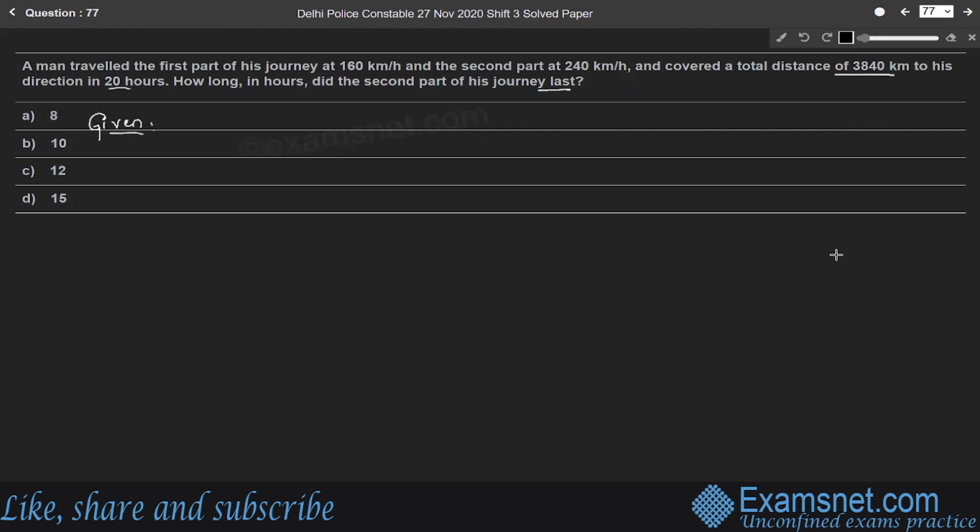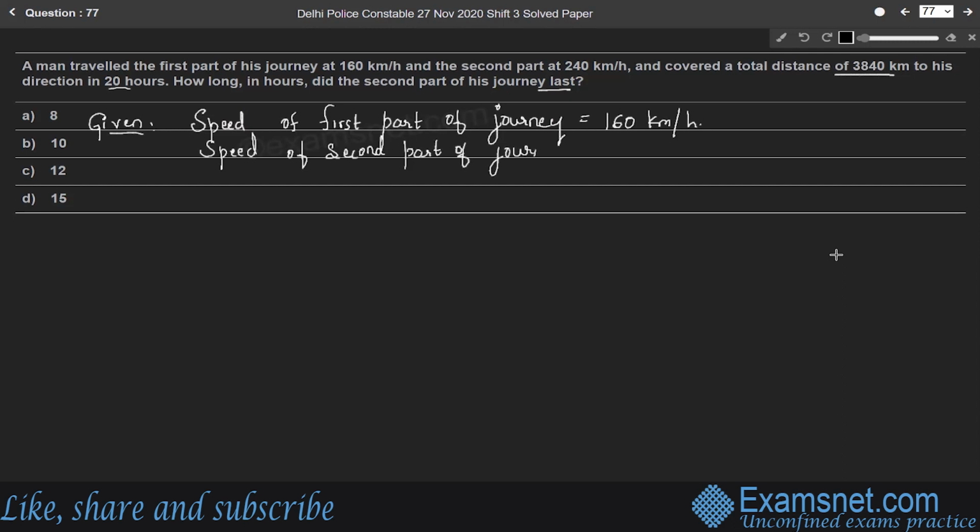Speed of first part of journey is equal to 160 kilometer per hour. Right? So speed of second part of journey is equal to 240 kilometer per hour.